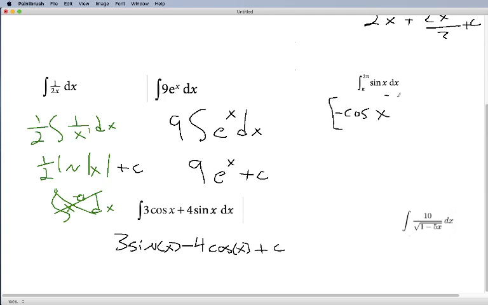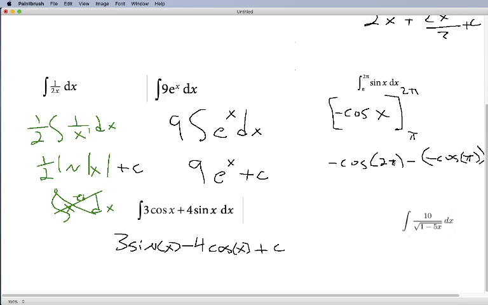There's no sense in putting plus c because you have limits. So don't put plus c when you have limits. Never. It's pointless. And then you have pi, and then you have 2 pi. And now what you need to do is put minus cos of the upper limit in here. Subtract minus cos with the lower limit in here. That's what you have to do.